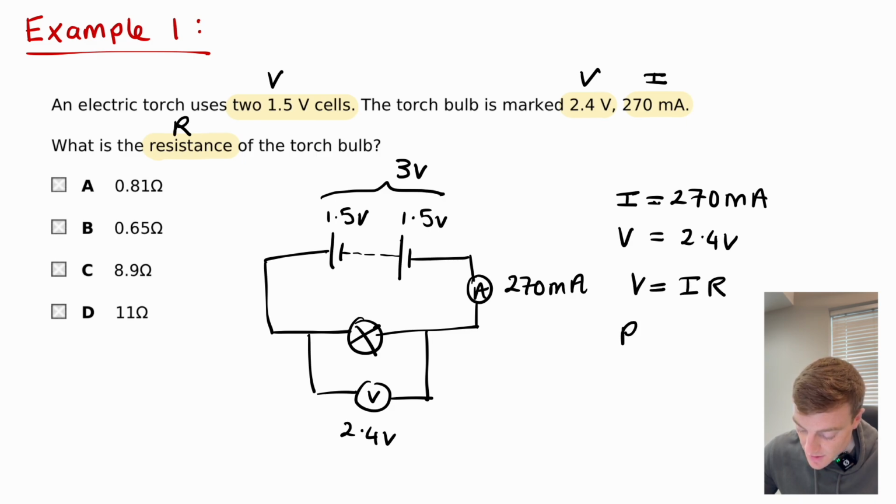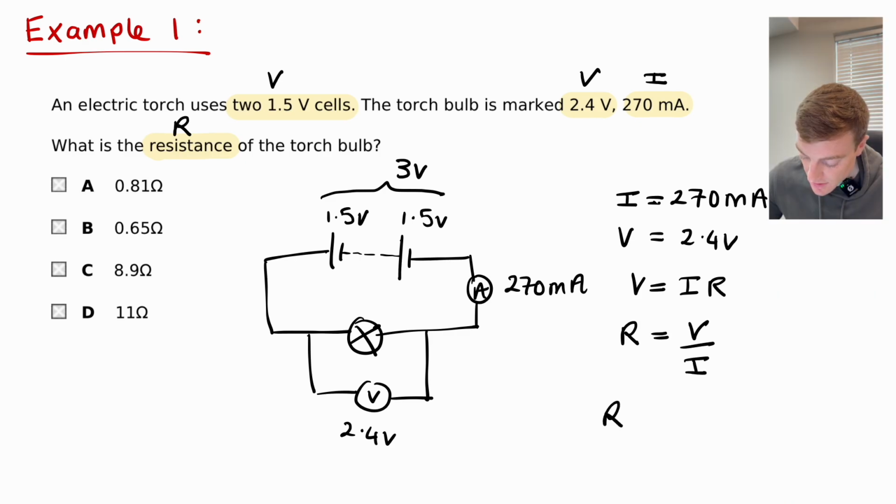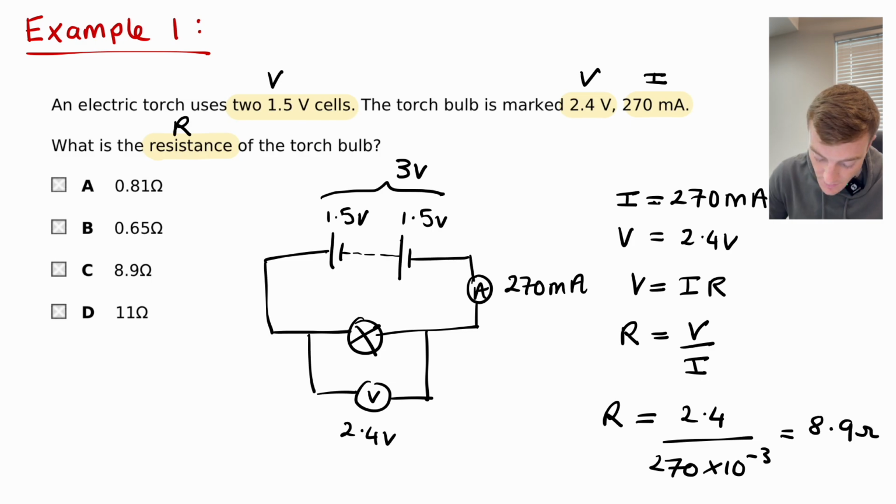I can rearrange that to get R is V divided by I. I can substitute in my numbers. So I get 2.4. And then it's really important to convert the milliamps of current into amps. So I get 270 times 10 to the minus 3 amps, which is the same as 8.9 ohms. So the answer is C.